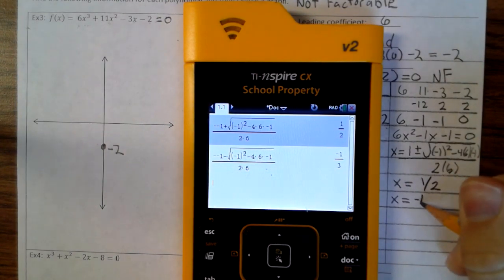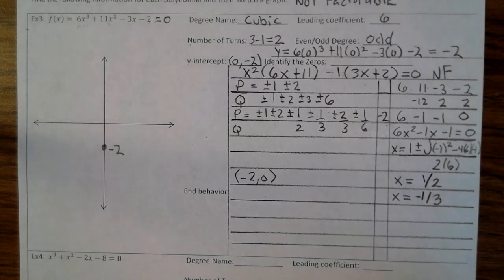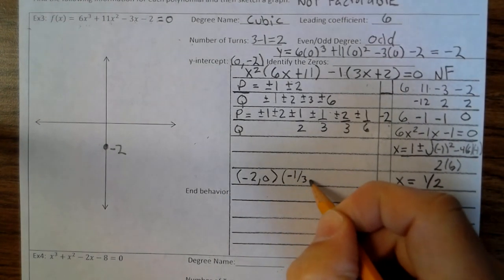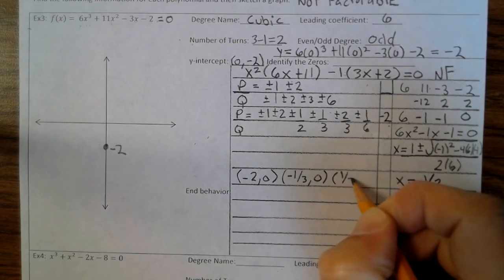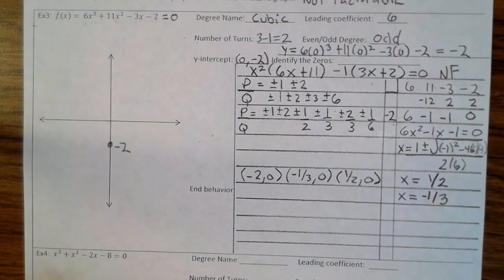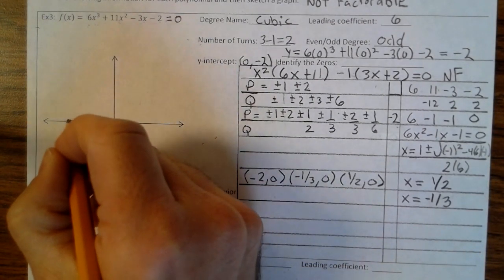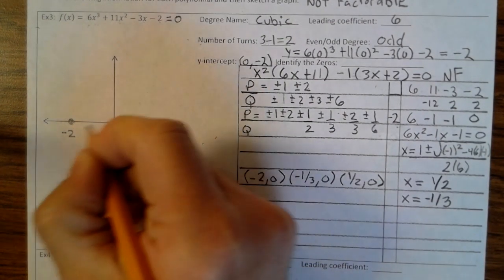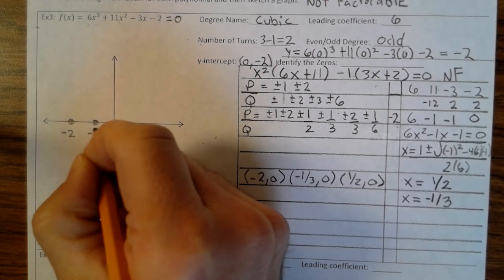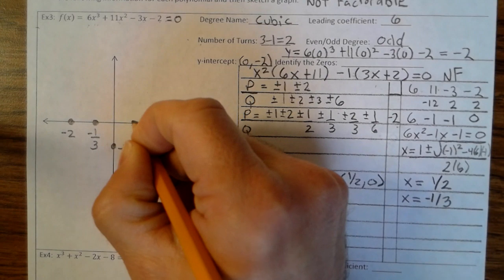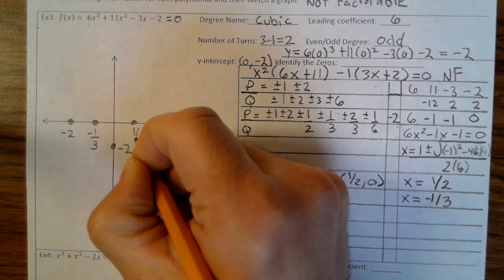So our zeros are negative 2, 0, negative 1/3, 0, and 1/2, 0. To graph those, we're going to put negative 2 about right there, negative 1/3 right here, and 1/2 right here.